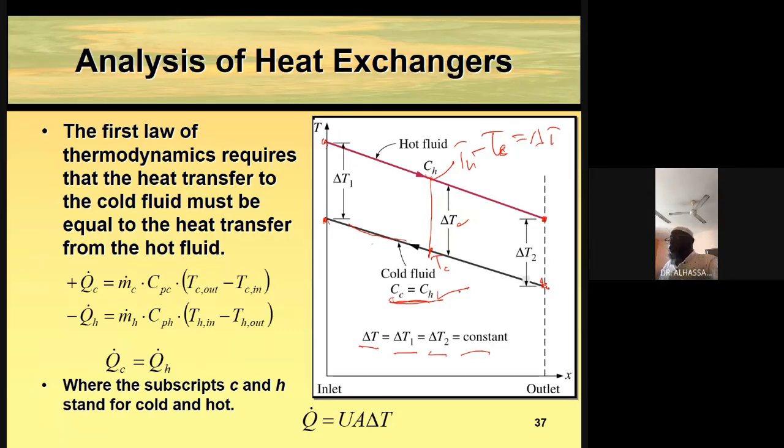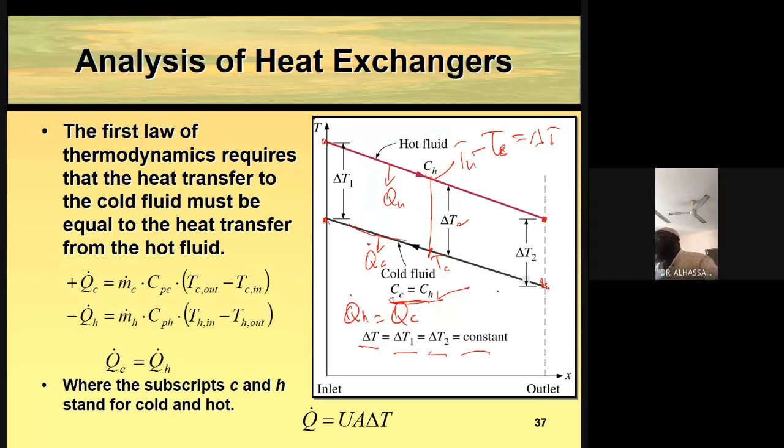You understand? So now, if we want to determine how much energy is gained by the cold fluid and how much energy is lost by the hot fluid, we establish our energy balance. The amount of energy released by the hot fluid, QH, equals the amount of energy gained by the cold fluid. That is why we say QH equals QC.